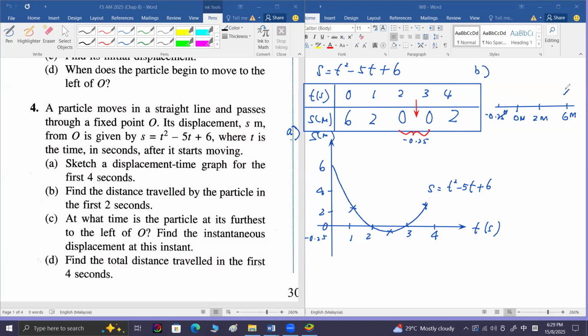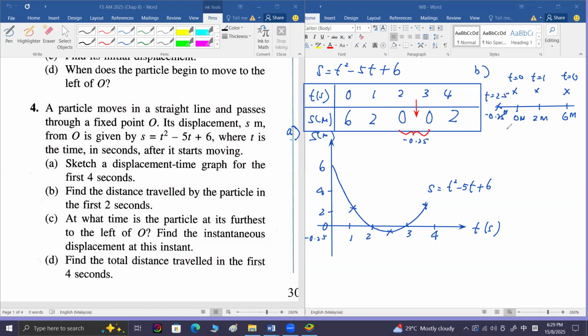Okay, see, when t is 0, the particle is here. Next, when t is 1, the particle is here. When t is 2, the particle is at 0. Then when t is 2.5, it'll be here. See that?